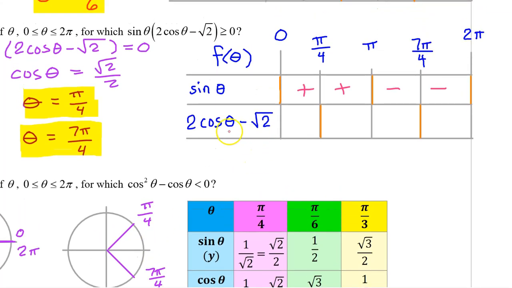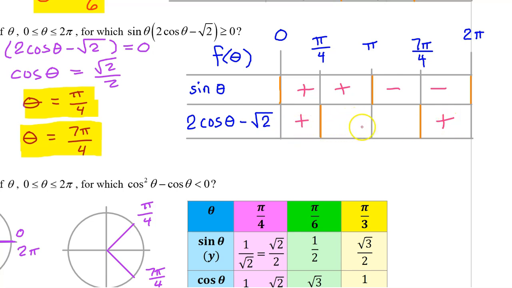So plugging in 0, the cosine of 0 is 1, so that's 2 minus radical 2. Radical 2 is smaller than 2 itself, so this will be a positive number. Plugging in 0 and plugging in 2 pi will always give you the same answer, because we're talking about the same position on the unit circle. So I don't need to think through it again. I will automatically put a positive here since I had a positive here.